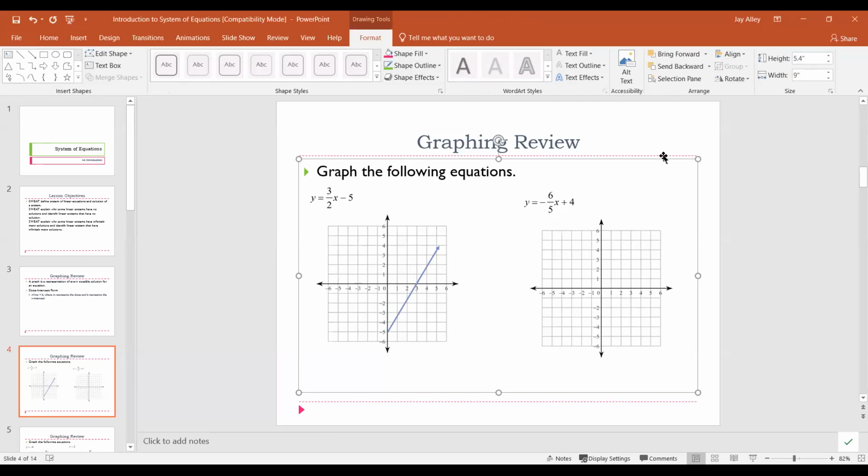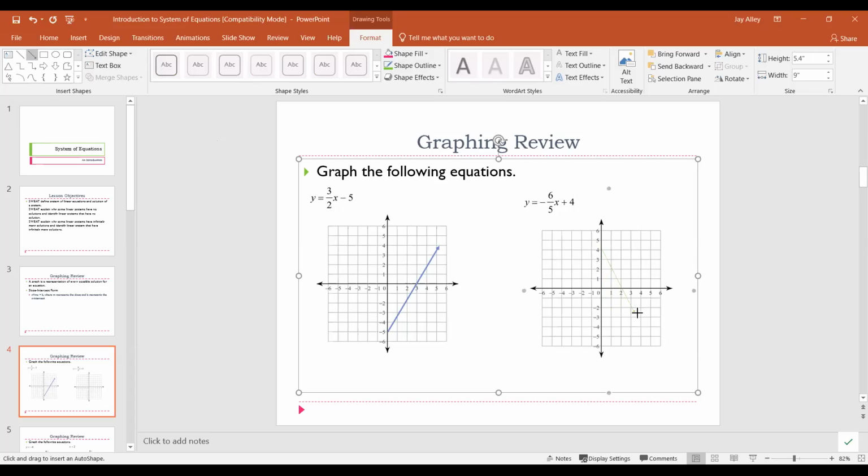That is a positive slope line. You should not at this point be graphing these kind of lines up and to the left. That would be a negative slope line, like you'll see in the second example. Remember, there's only 4 types of slope. This one I'm starting at 4, and I'm going to have to go down 6 and to the right 5 because I can't go up. I'll be off the graph.